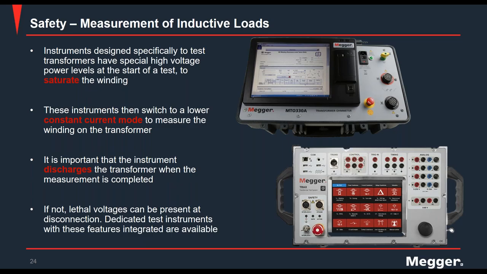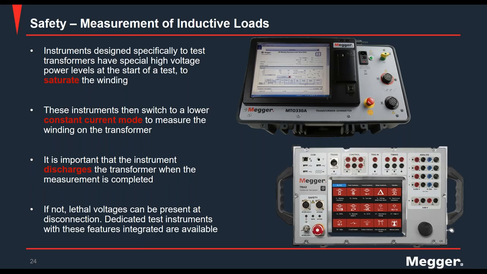After that saturation occurs, these instruments then switch over to a constant current mode, and then they measure the resistance of that winding. Now that the resistance is measured, the energy that was injected into the test specimen has to be discharged. So the instrument now discharges the transformer winding, for example, after the measurement.